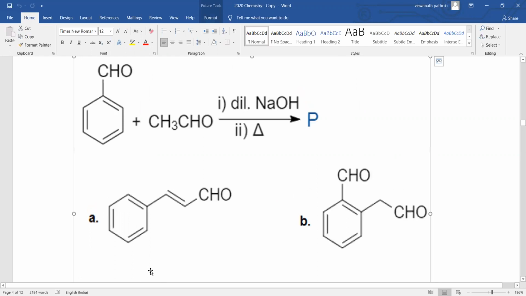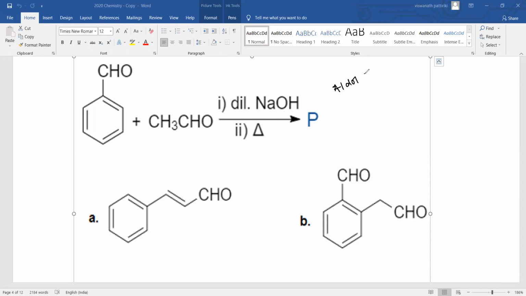And the product P is? So CH3CHO with dilute NaOH. What type of reaction is this? This is nothing but aldol condensation. So how is this aldol condensation?